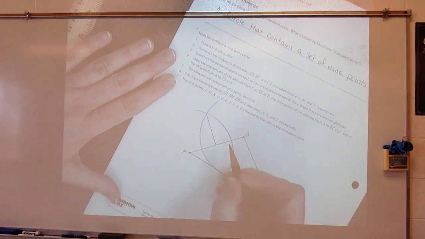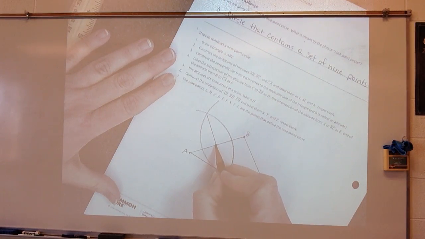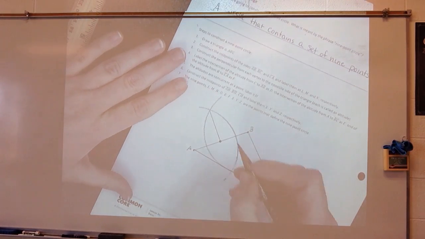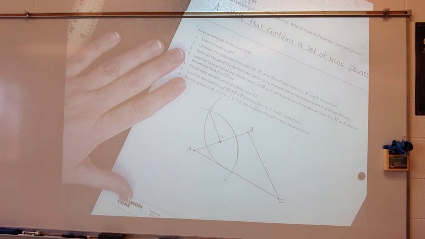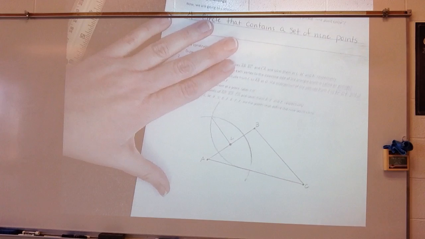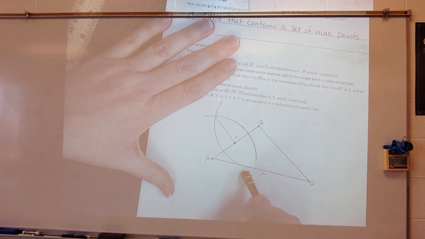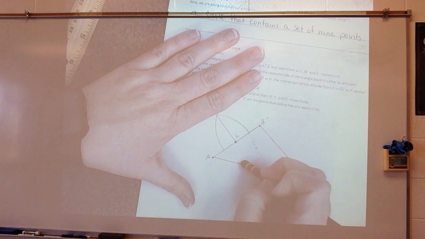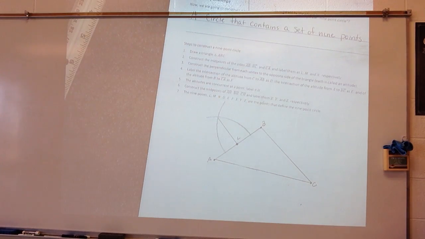Alright, so this would be my midpoint. Alright, so we'll label that as L. Alright, and once again guys, at some point, if this gets too much for you, you can erase just this inside. We'll leave that outside. And please leave this outside so I can see you did your construction.